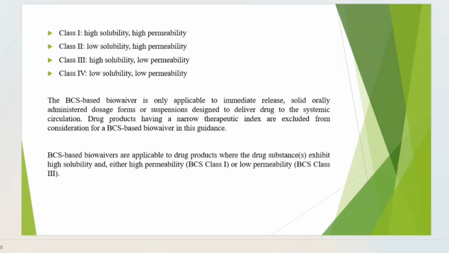Only in vitro dissolution study is sufficient. And for other two classes, that is class 2 and class 4, if the API is falling under these classes, then we have to perform the bioequivalence study. And that study report we need to submit in the module 5.